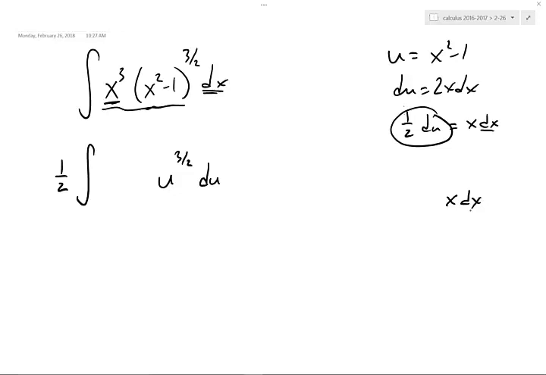But initially, there were how many x's out here? There were 3 of them, which means I need an extra 2 of them. What I'm missing is that x squared component. If only there was a function somewhere where I could solve for what x squared equals. There is.